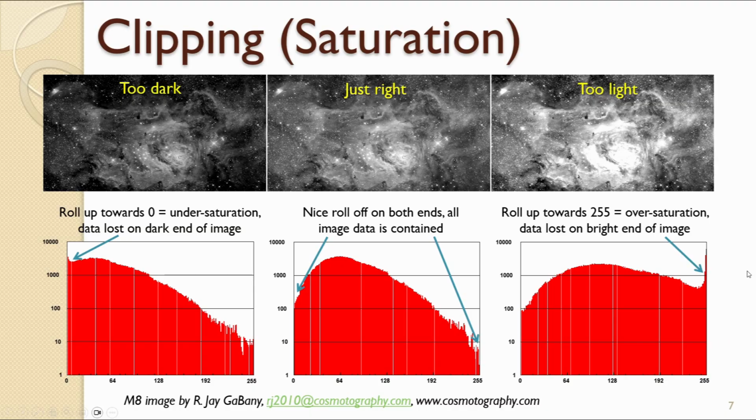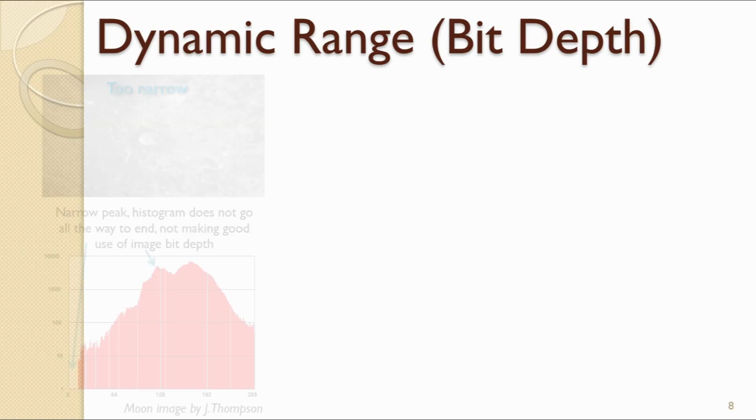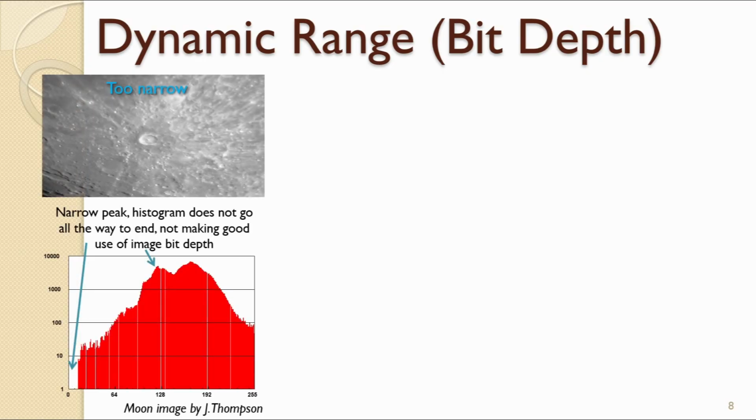Now let's look at another use for a histogram, examining the dynamic range of your image. If you're collecting image data in as effective a manner as you can, your pixel values will be distributed across the entire range of possible values. Take, as an example, this image I took of the moon. It looks a little flat, and the histogram shows the pixel values are kind of scrunched together.